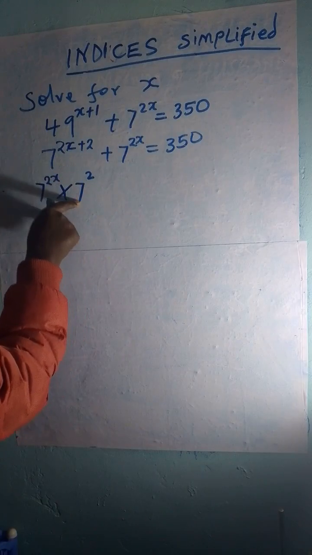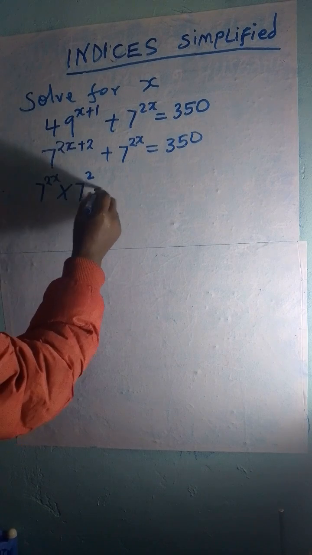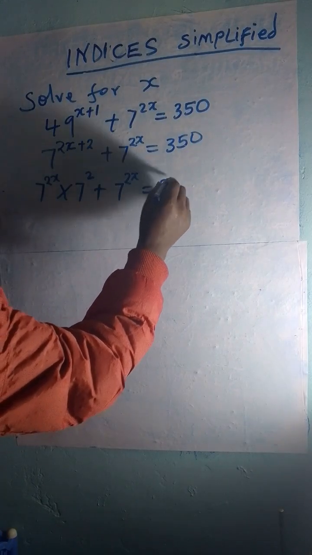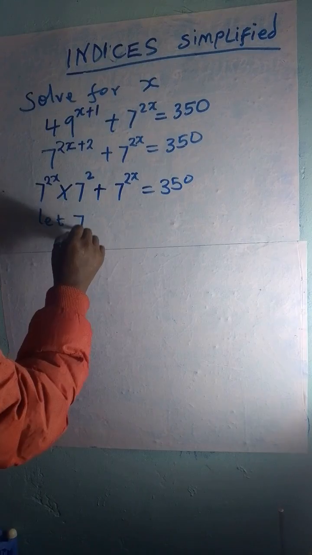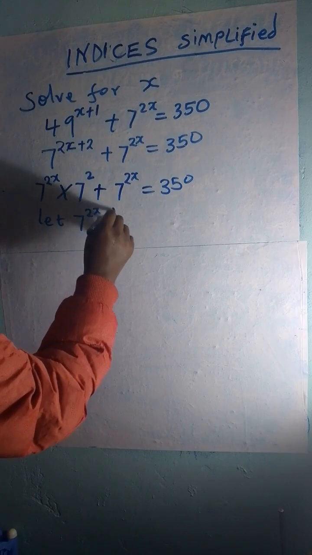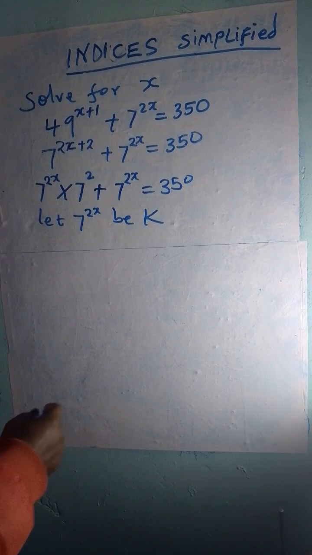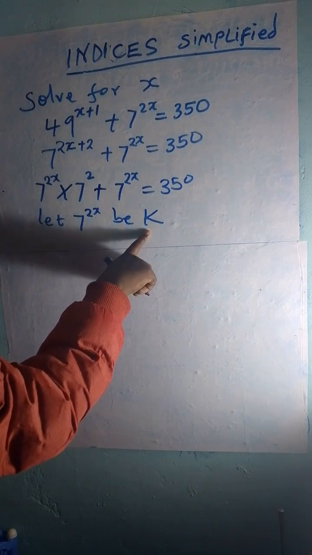This can also be taken back to this, plus 7 to 2x is equal to 350. So now you let 7 raised to power 2x be any letter of your choice. It can even be k. Therefore, where you see 7 raised to power 2x, substitute with k.